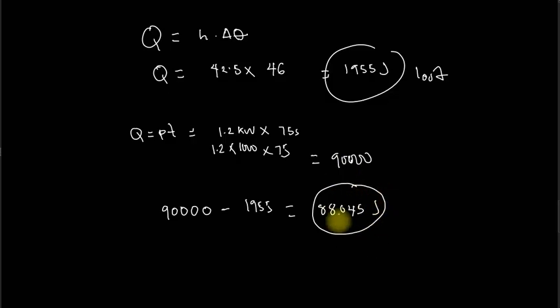This is the heat energy which was actually used to heat up the paraffin. So this is the one for the paraffin, the one that heats up the paraffin. This was the one that was lost to the calorimeter.